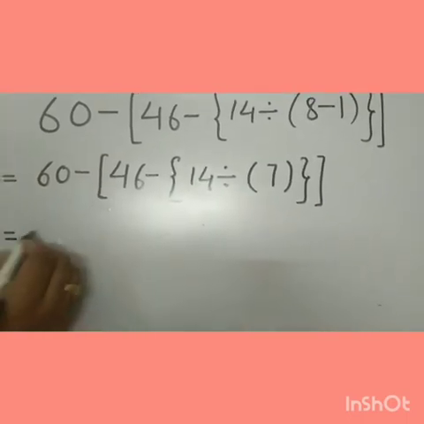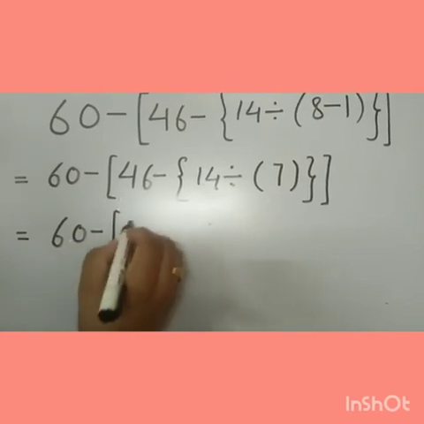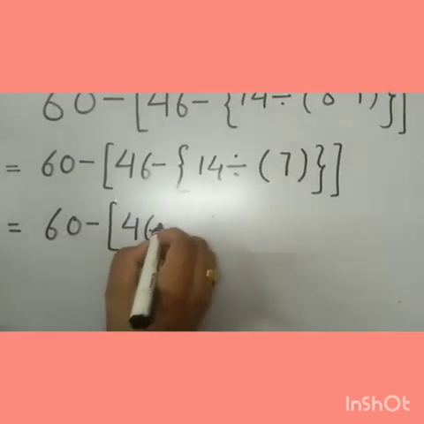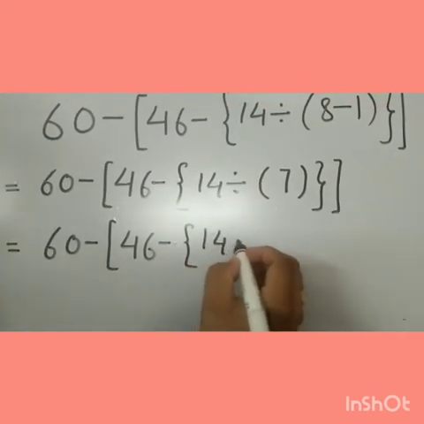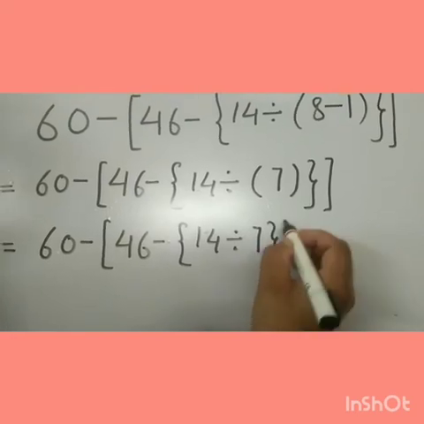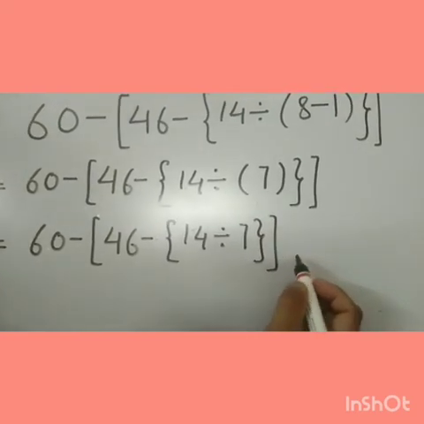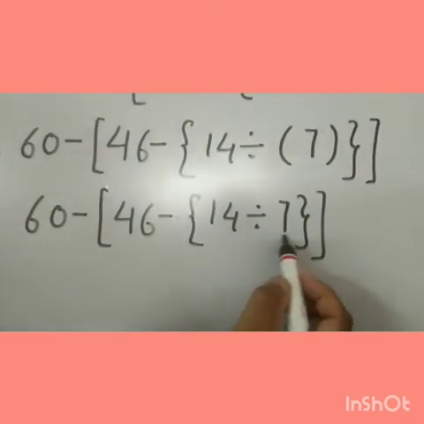Try to understand clearly. 60 minus 46 minus curly bracket 14 divided by 7. Here round bracket was there, but in this step no round bracket is there.